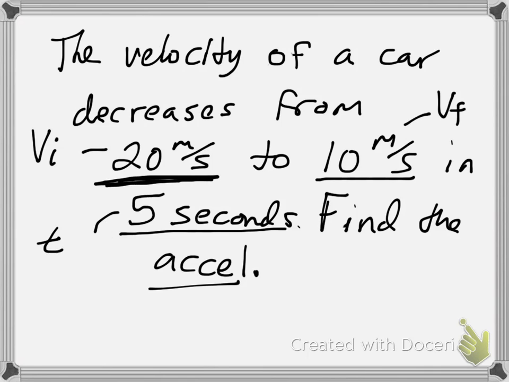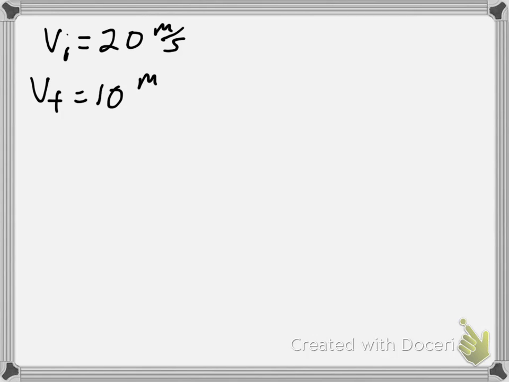So if we follow the recipe that we'd been talking about before, where we list out all of our givens, so our givens are going to be VI is equal to 20 meters per second, VF is equal to 10 meters per second, time is equal to 5 seconds, and we want to know what the acceleration is.